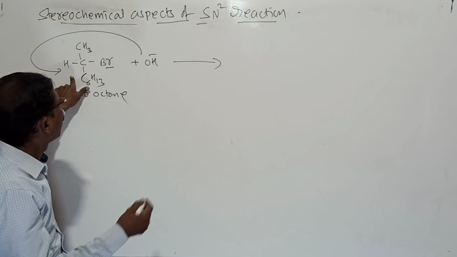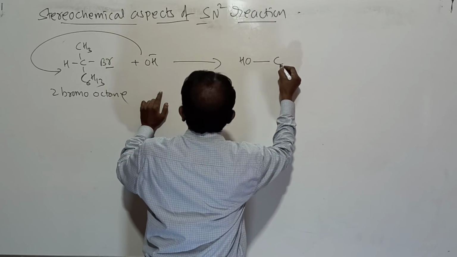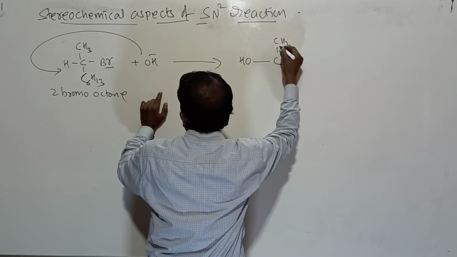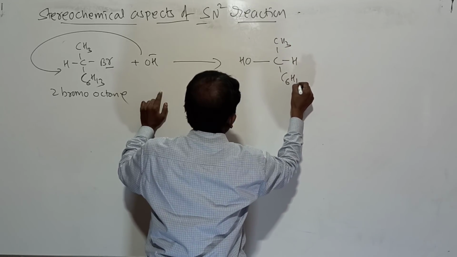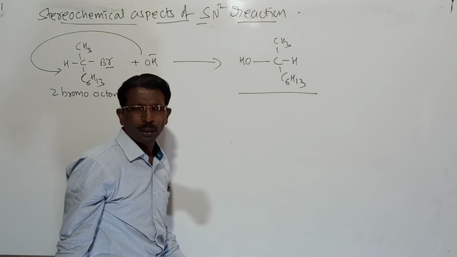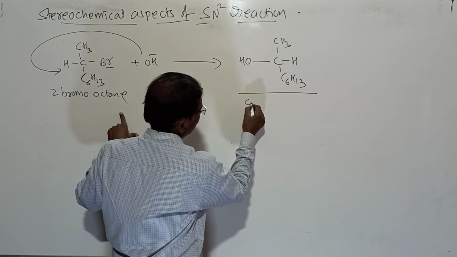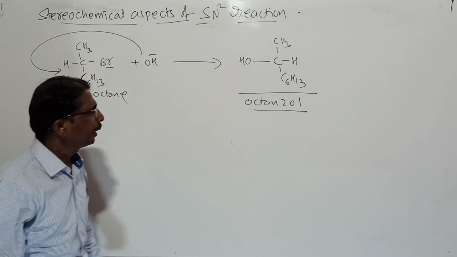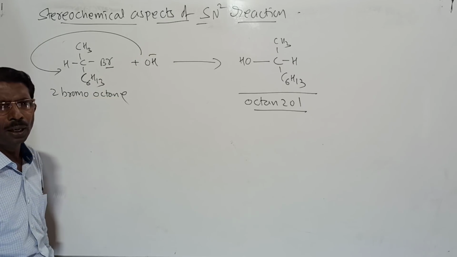I will write it directly: it forms the product OH, C, CH3, H, C6H13, which is called octan-2-ol.